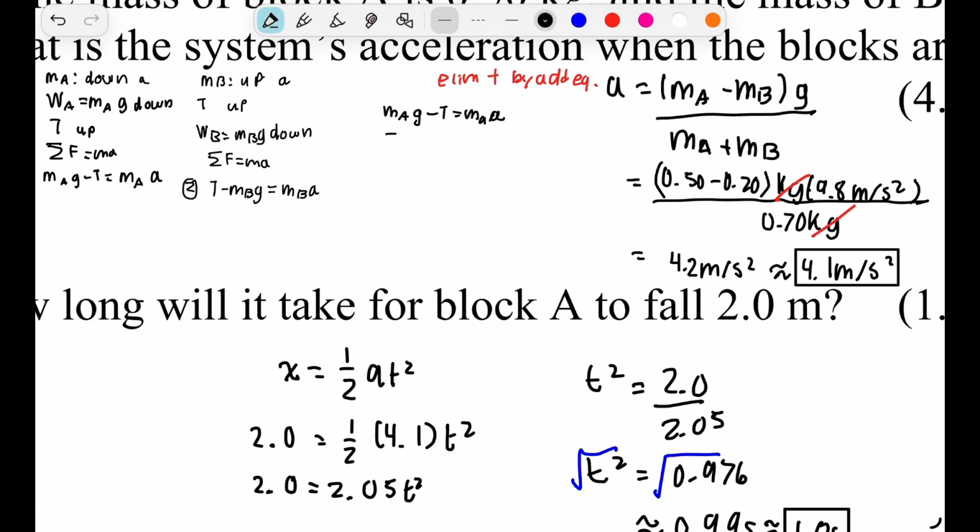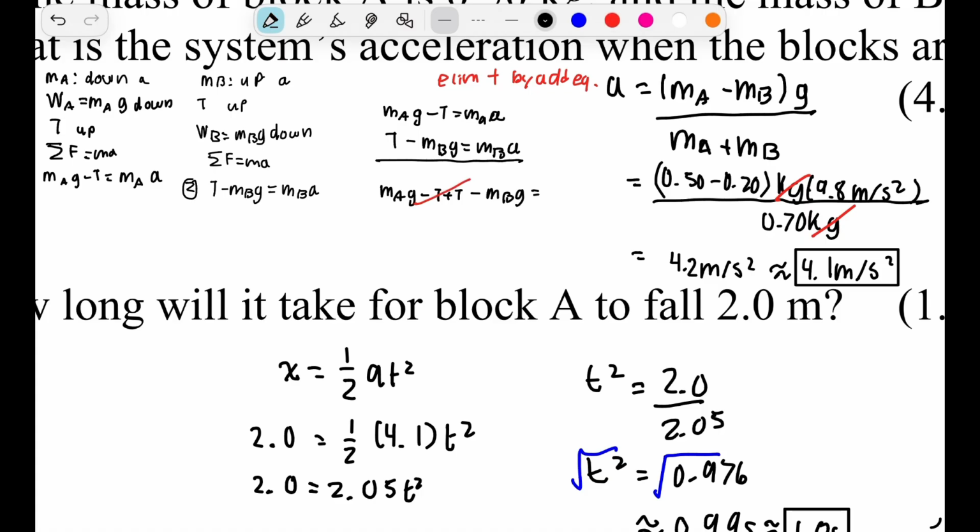And we're going to have T minus mbg is equal to mba. So on the left, we see that our tensions cancel.